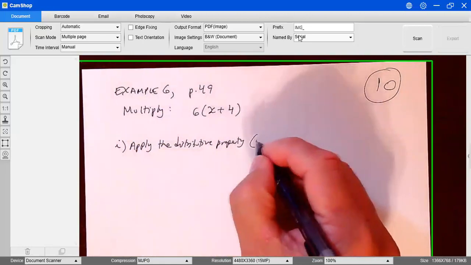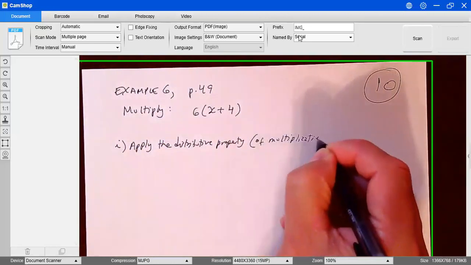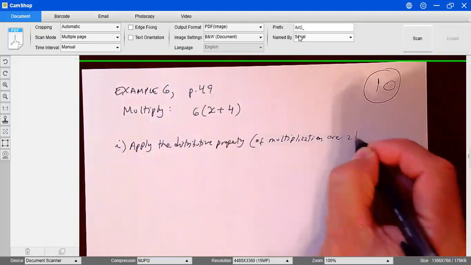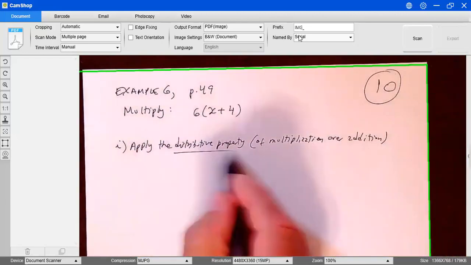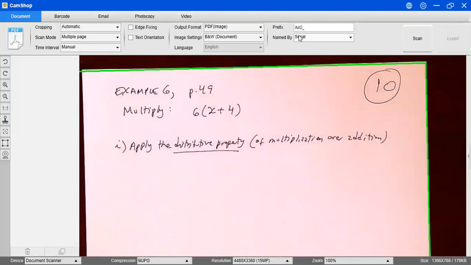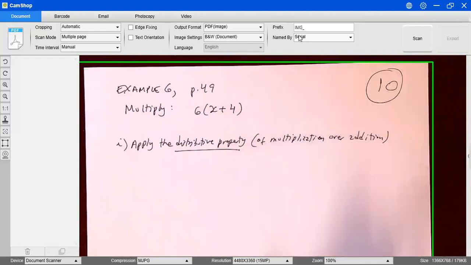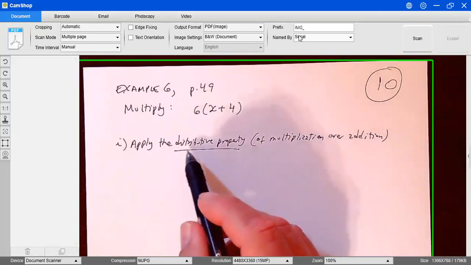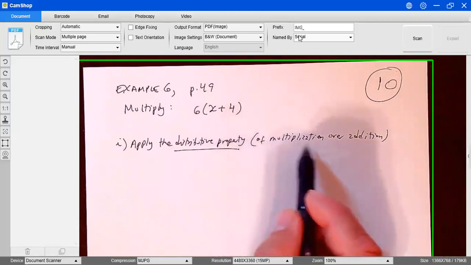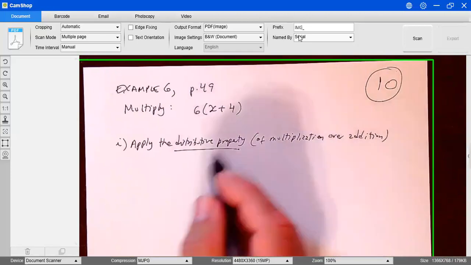We don't say of multiplication over addition because we imply that. We just say apply the distributive property. This is a long name. So if you are very rigorous in your math vocabulary, you should say apply the distributive property of multiplication over addition. But in this case, you say apply the distributive property.